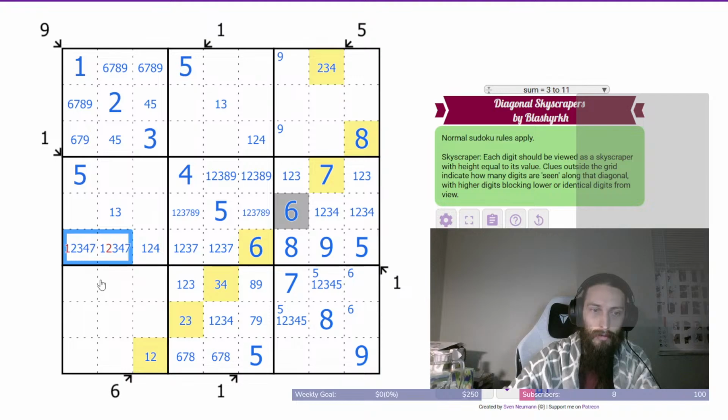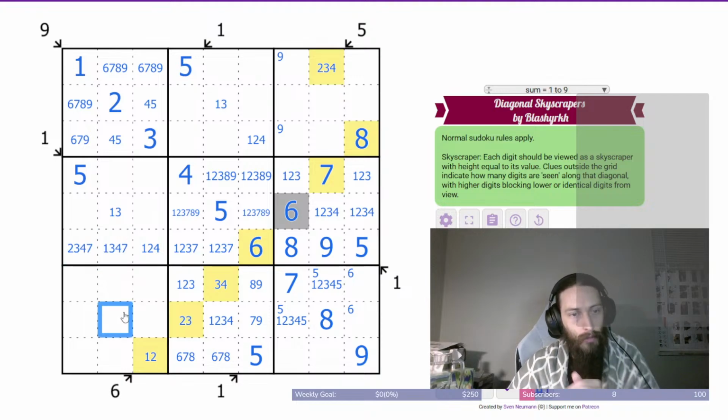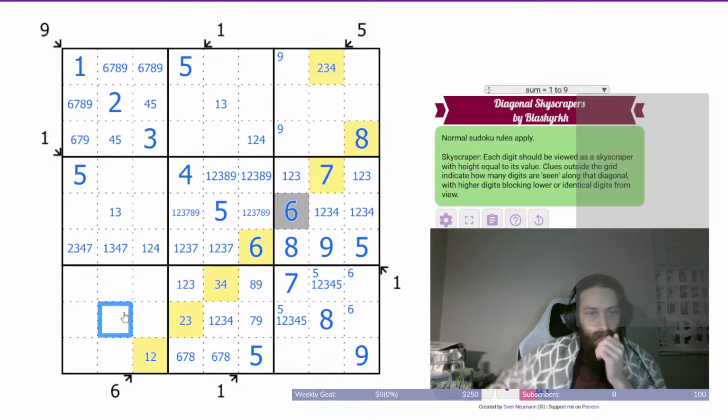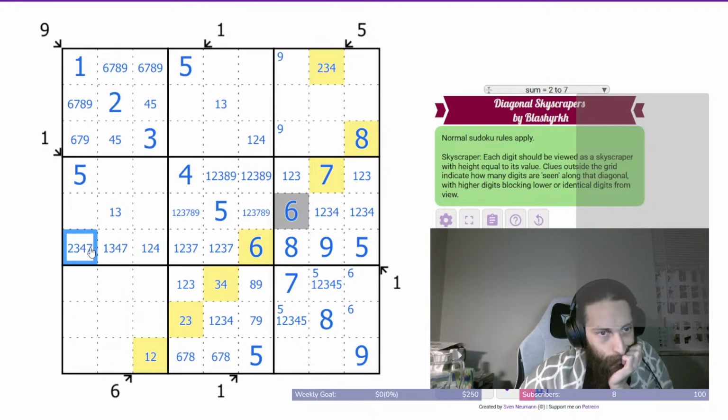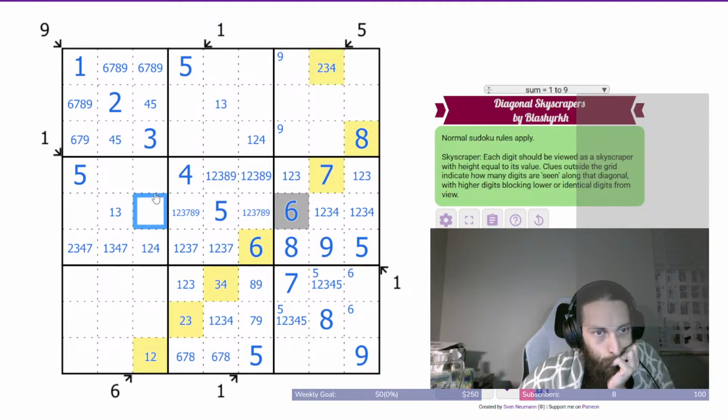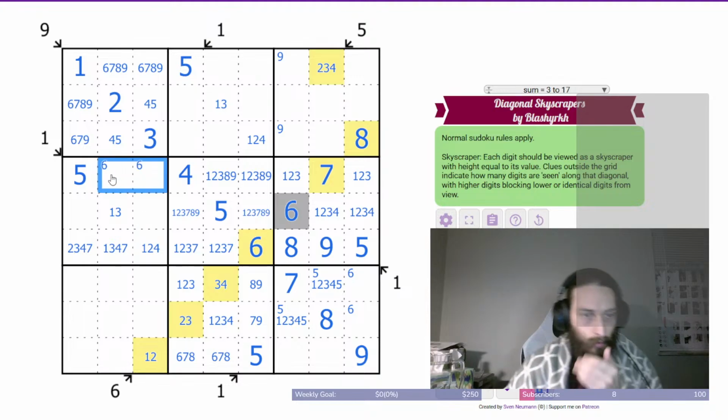One, two, three, 4, and 7. Not a 2, not a 1. 1, 2, 3, 4, and 7. Six is one of those two.